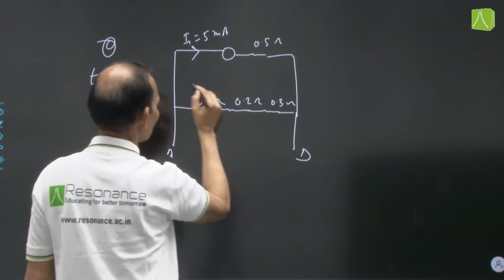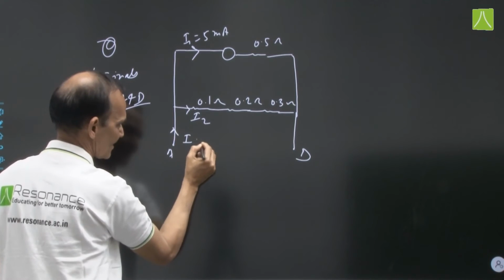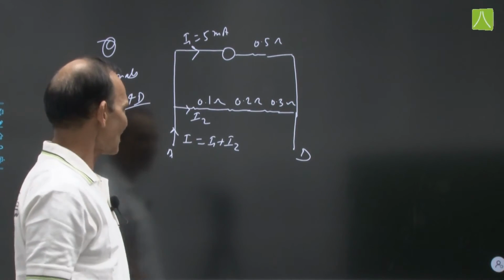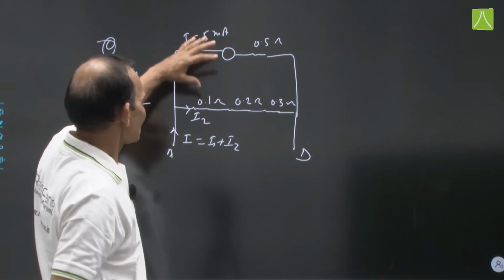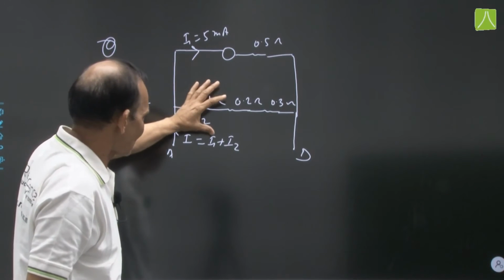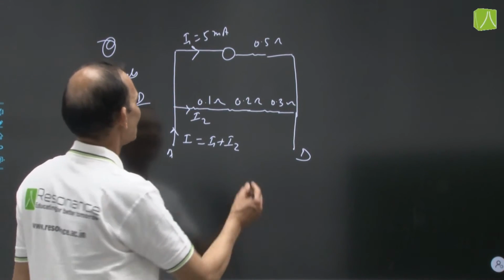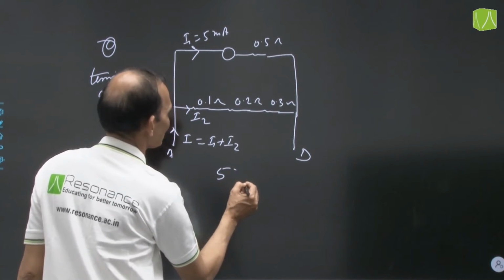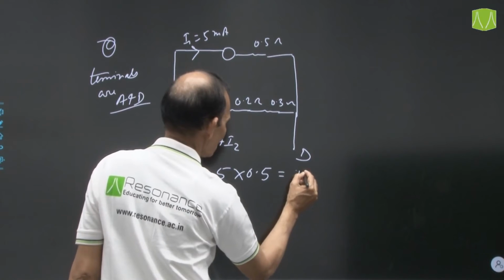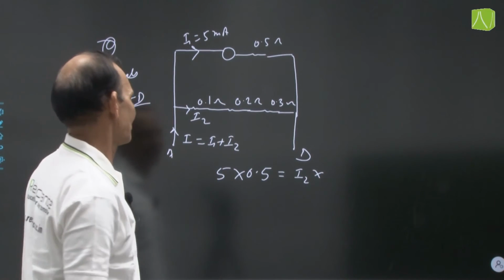Now think about this, the current is I2. Again we have to find I equals I1 plus I2. I1 is given as 5 milliampere, I2 is to be found. The product of current into resistance of this line, and the current into resistance of the other line, because they are in parallel, are equal potential differences. So we can write 5 into 0.5 equals I2 into 0.3 plus 0.2 plus 0.1, that is 0.6.